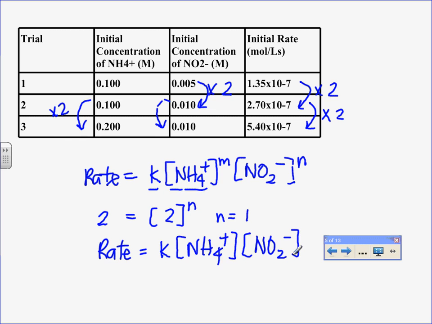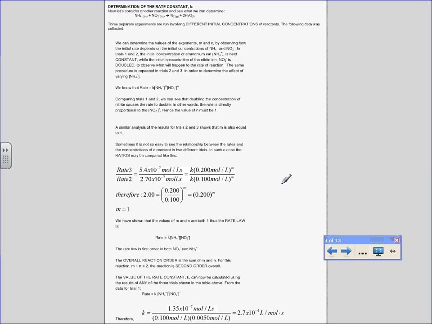Now, what we can also do is determine what the rate constant is. If we want to determine the rate constant, we've got the rate law, we know what the exponents are, and we've got an equation. So if we want to figure out what the constant K is for this particular reaction, what we need to do is take one of our sets of data.